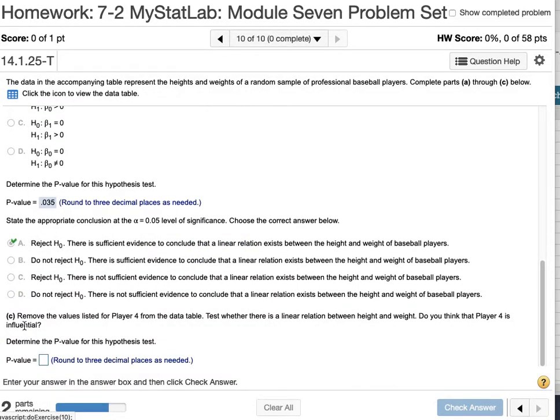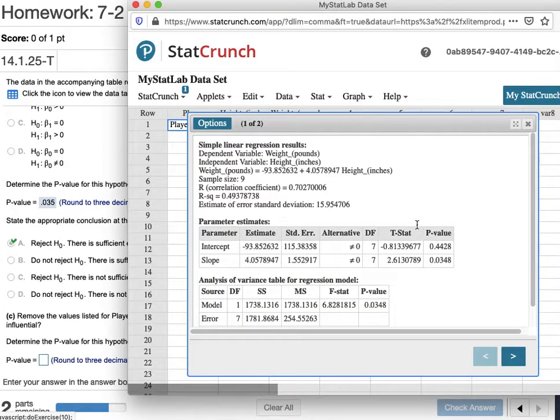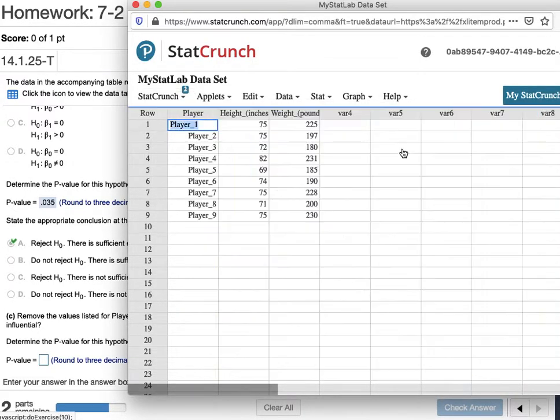All right, and then remove the values listed for player 4 from the data table. Test whether there is a linear relation between height and weight. Do you think that player 4 is influential? Okay, so let's take a look at the spreadsheet. And here's player 4.